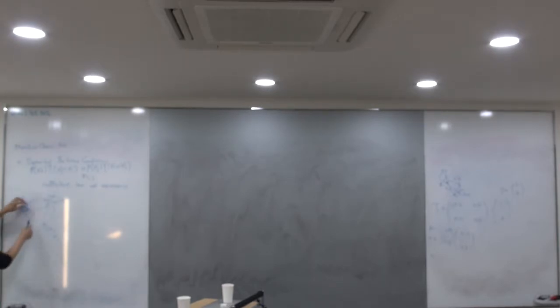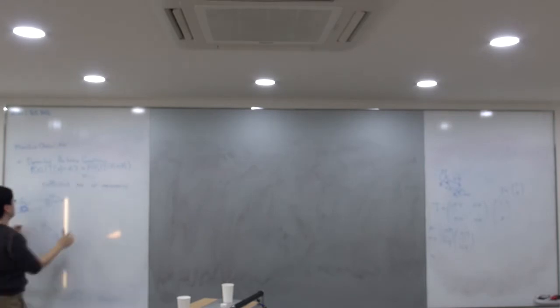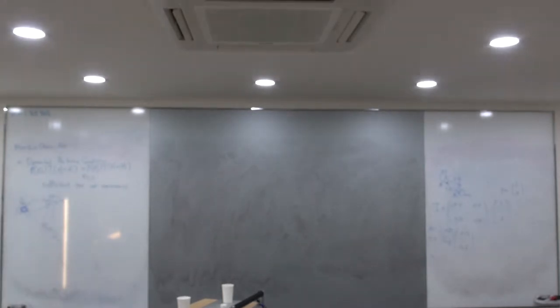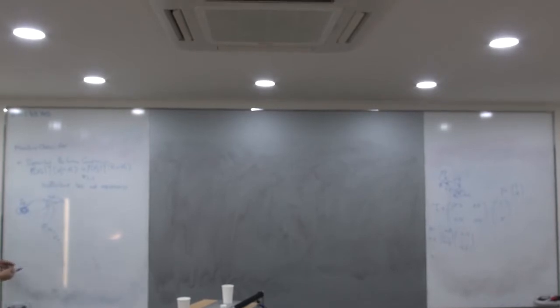Not just a simple transition probability, but together with the probability of the current state. So if you are giving and receiving the same amount, then you will be in the steady state.